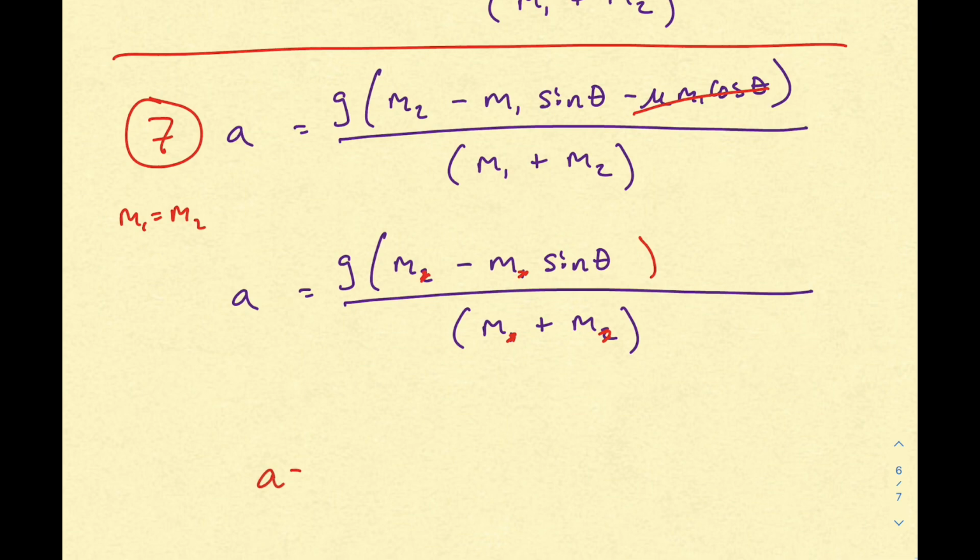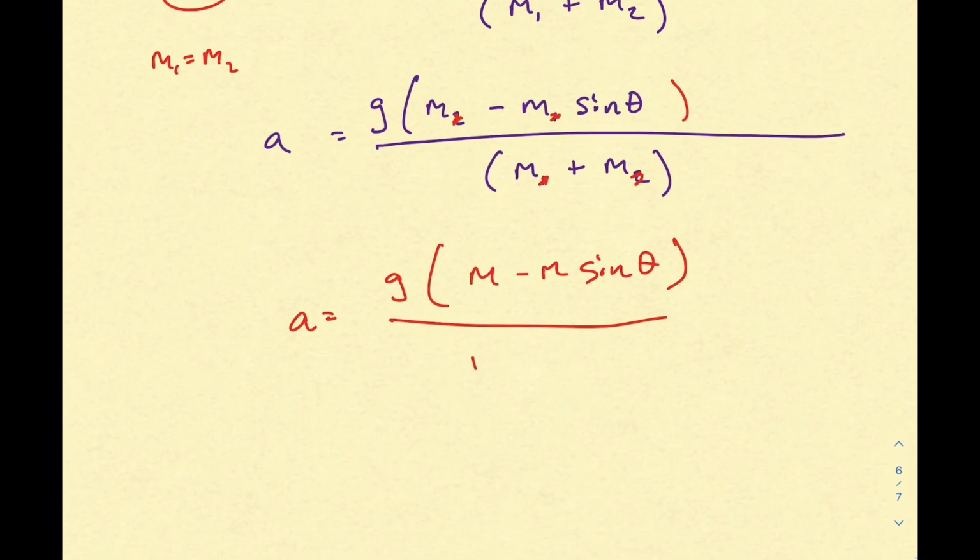We have A is equal to G times M minus M sine theta, and down here M plus M, or in other words, I should just write this as 2M.